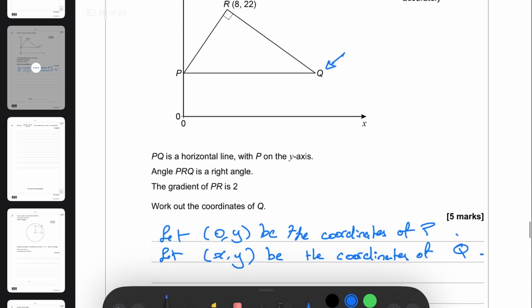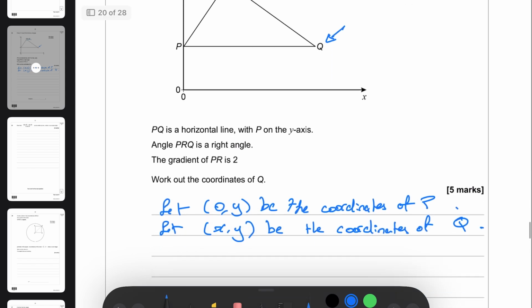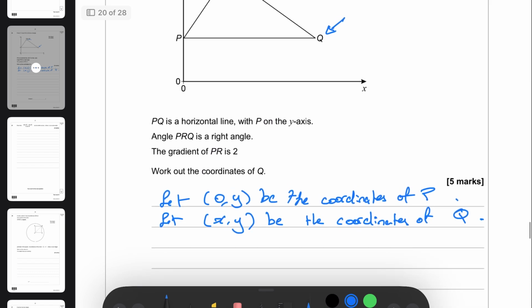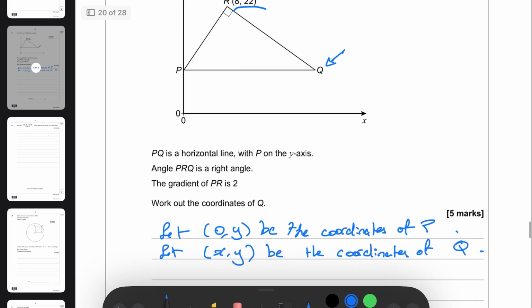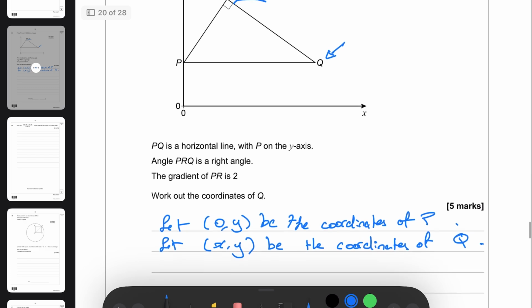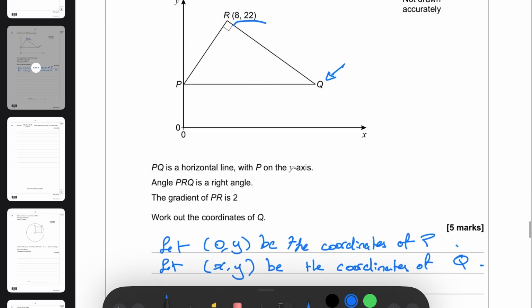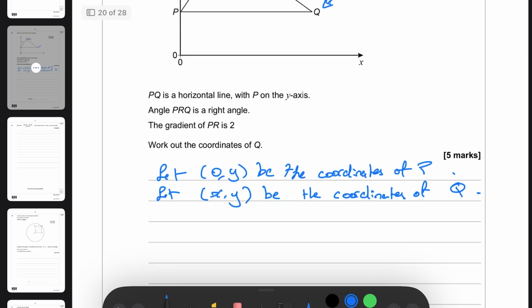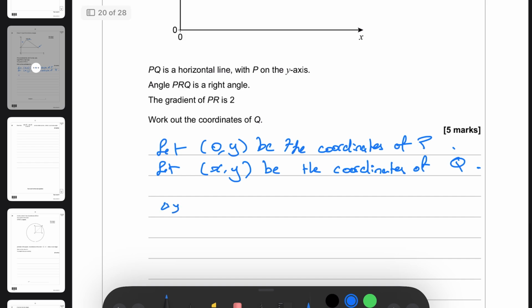Right, so we have our R here, and PQ is a horizontal line. So we know that R is at the point 8, 22 with a gradient of 2. So that means that if you remember your dy by dx, your change in y by change in x is equal to the gradient.